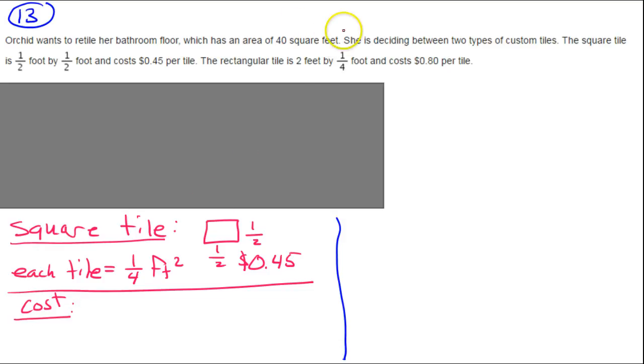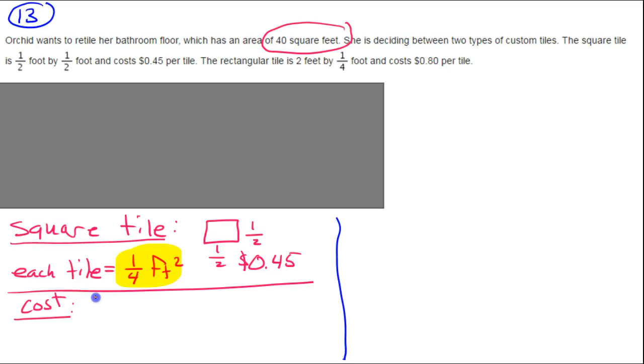Well, let's see. We need to cover 40 square feet. So if we want to find out how many tiles it's going to take, we need to figure out how many times 1/4 of a square foot goes into 40 square feet.